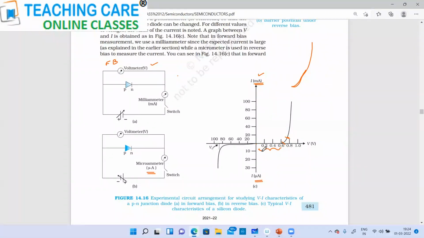Better to draw this now, mark the numbers also. See here, this is 0.2 volt. But the current is measured in micro units in the second case.